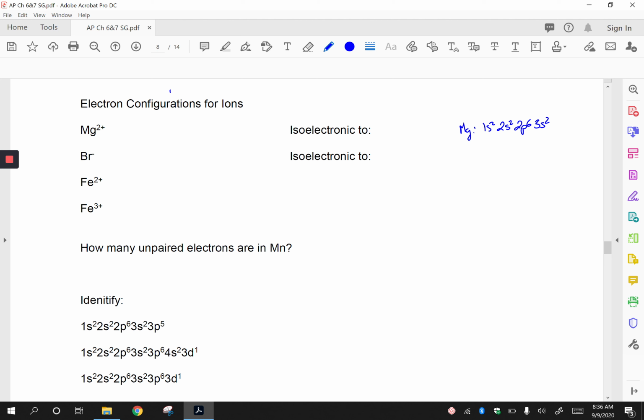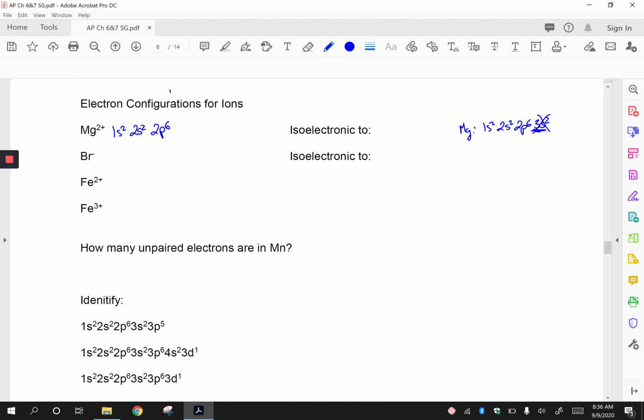So this is neutral magnesium without a charge, but this tells me that I have a +2 charge, which means I've lost 2 electrons. Well, which 2 electrons are you going to lose? The valence electrons, which are these. And so the electron configuration for the magnesium ion is 1s2, 2s2, 2p6.